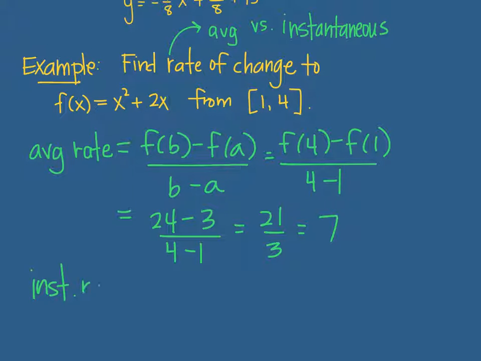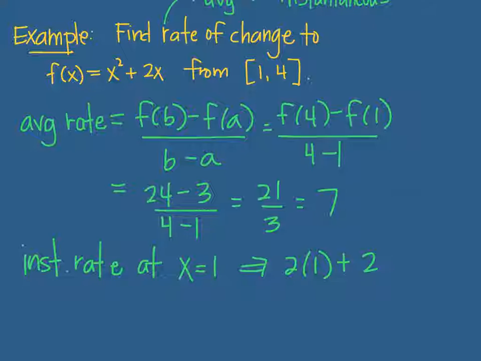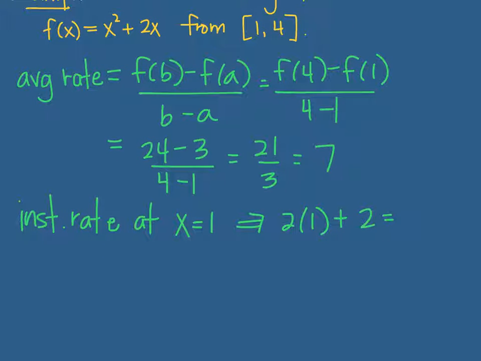So the instantaneous rate at 1 would be 2 times 1 plus 2, because that was the, I can't say derivative, that was the result that we got for the tangent slope. So that's going to come out to be 4. And the instantaneous rate at x is 4 is 2 times 4 plus 2, which is 10.